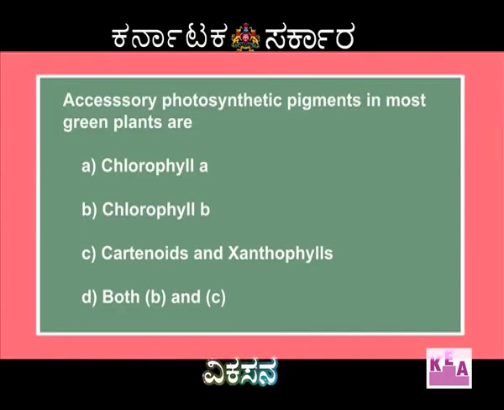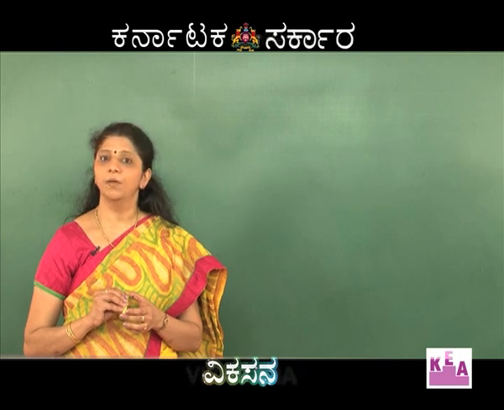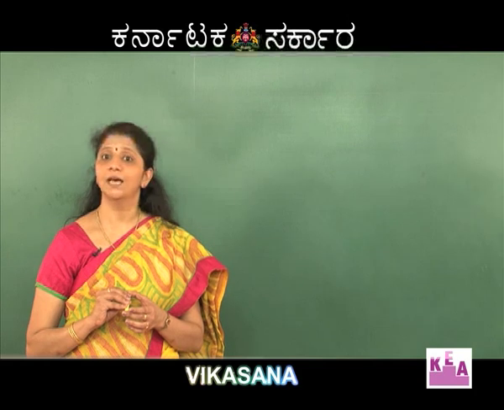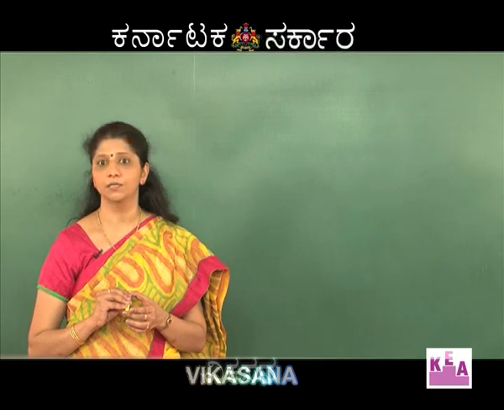Now, what is chlorophyll A's role in photosynthesis? Chlorophyll A's role is the initiation of the photochemical process. So chlorophyll A is the primary photosynthetic pigment, and chlorophyll B, xanthophylls and carotene are accessory photosynthetic pigments.